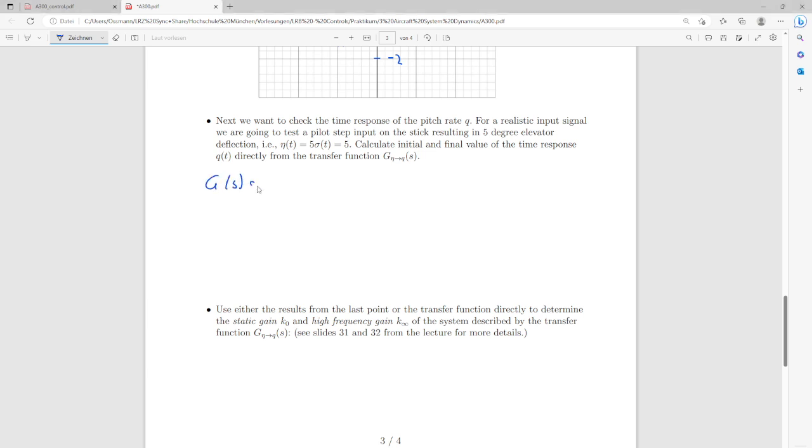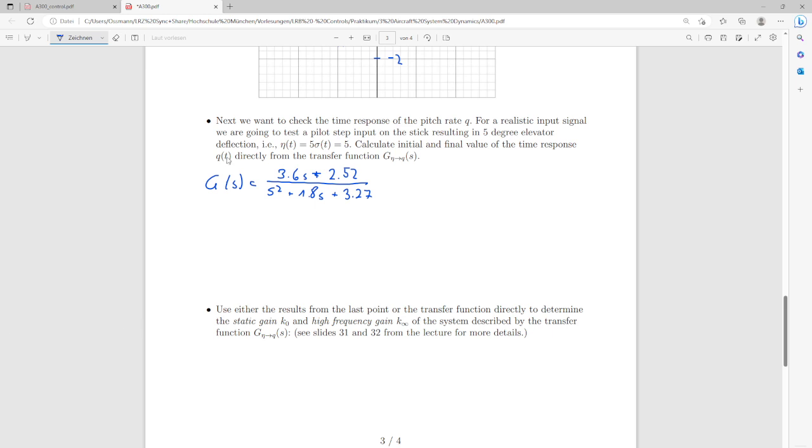G of s was nothing but, I'm going to cheat a little bit, 3.6 s plus 2.52 over s squared plus 1.8 s plus 3.27.